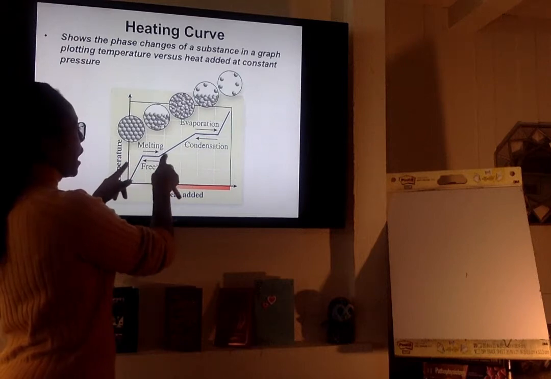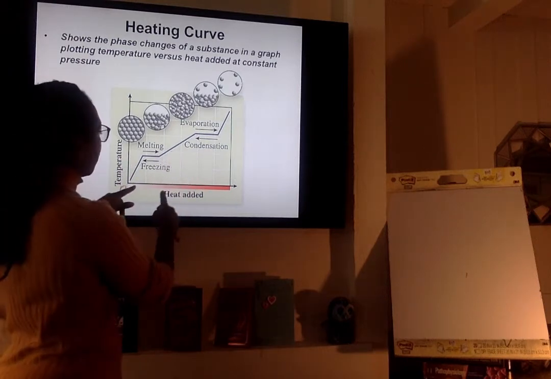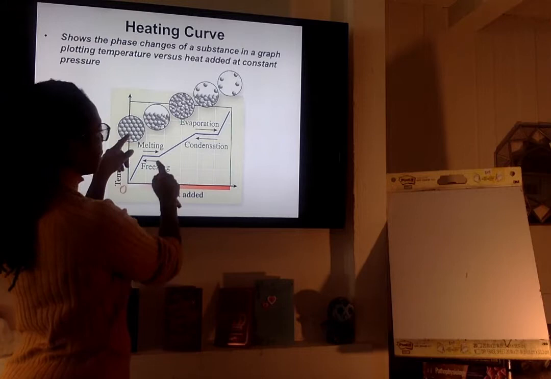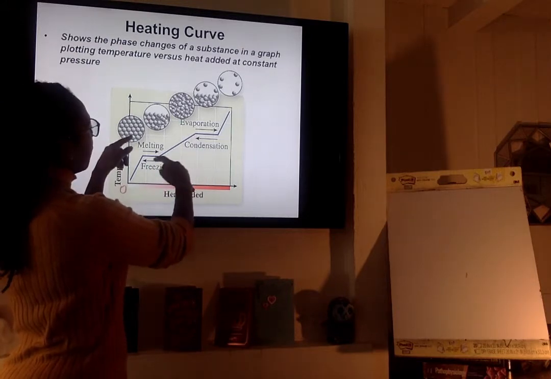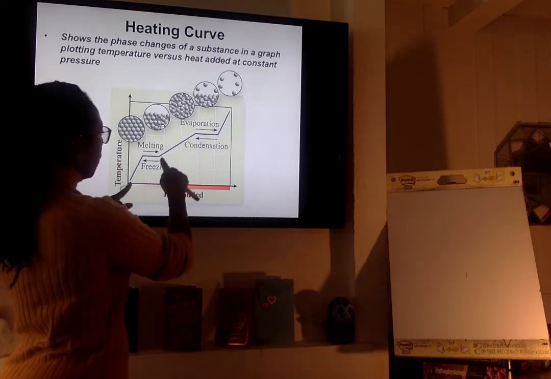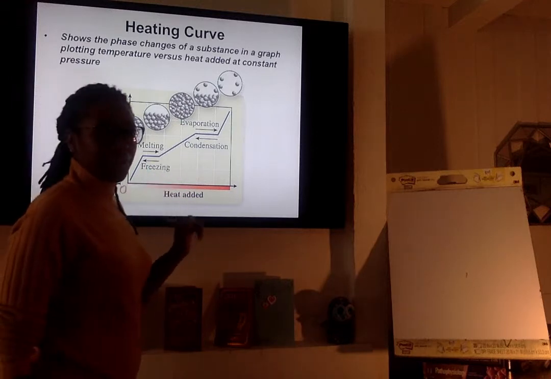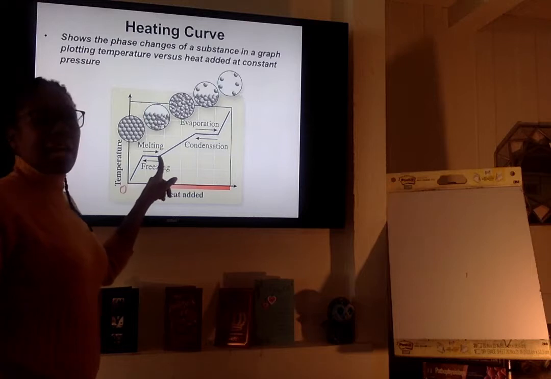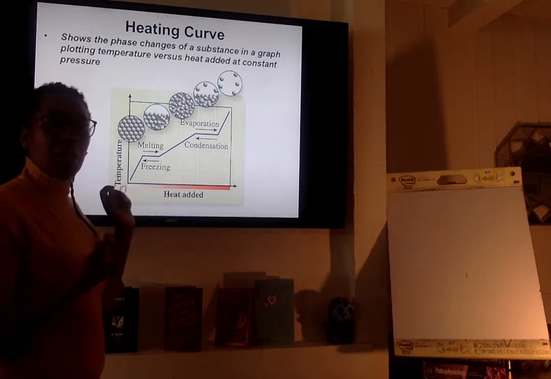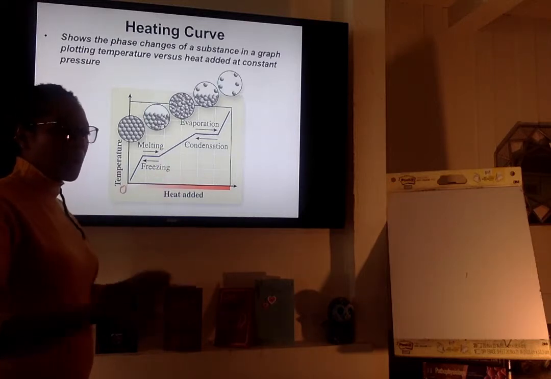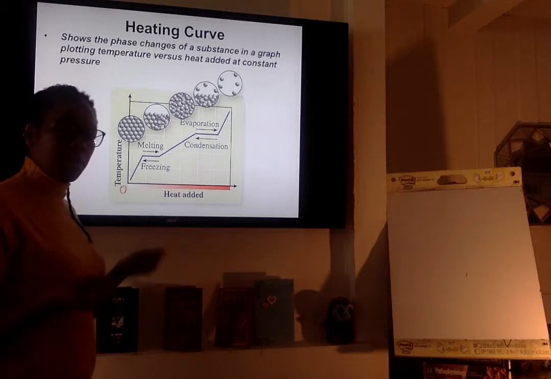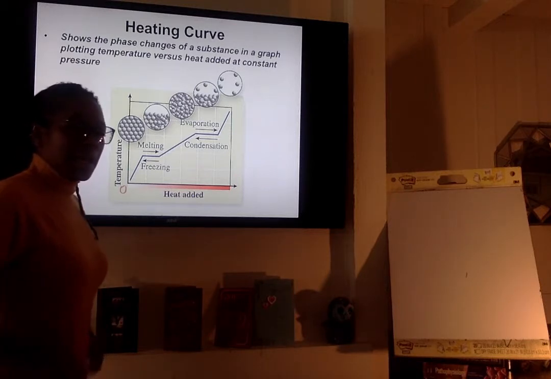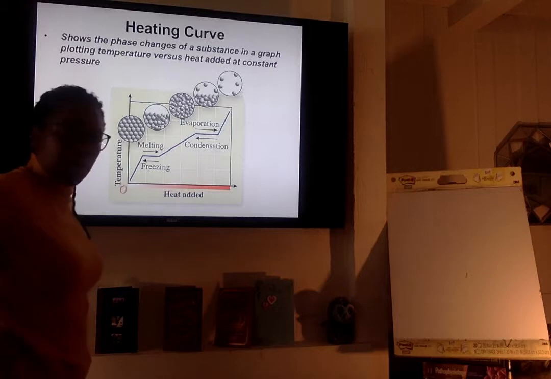So we're adding more heat, temperature's going up, water's getting warmer, not boiling yet. It's still water, and this is kind of that phase where you pour a pot of water that you want to boil, and you put it on the stove, right?